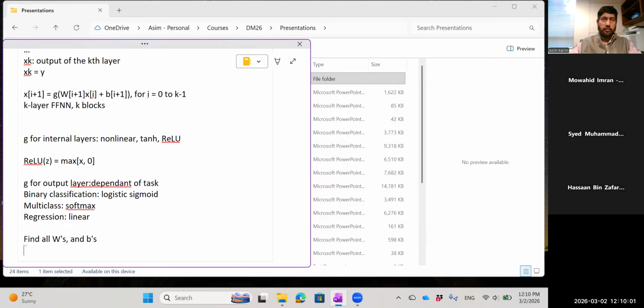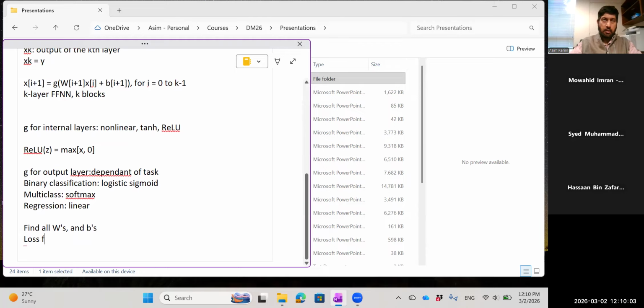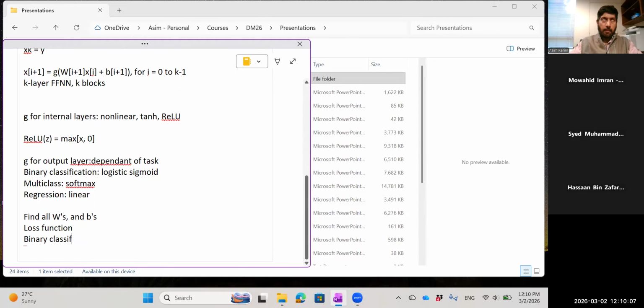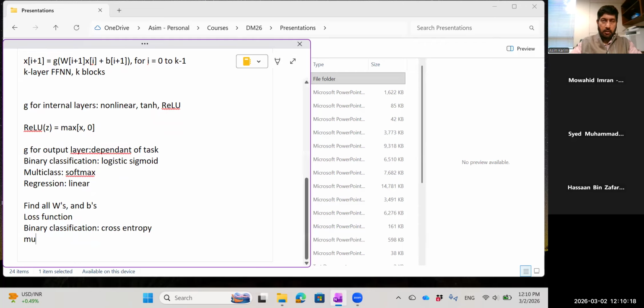So for binary classification, क्लासिफिकेशन के लिए क्रॉस एंट्रोपी यूज होता है, मल्टी क्लास के लिए भी क्रॉस एंट्रोपी होता है, बट वी कॉल इट मल्टी क्लास क्रॉस एंट्रोपी, उसकी एक्सटेंशन है. So this is called the multi-class cross entropy.